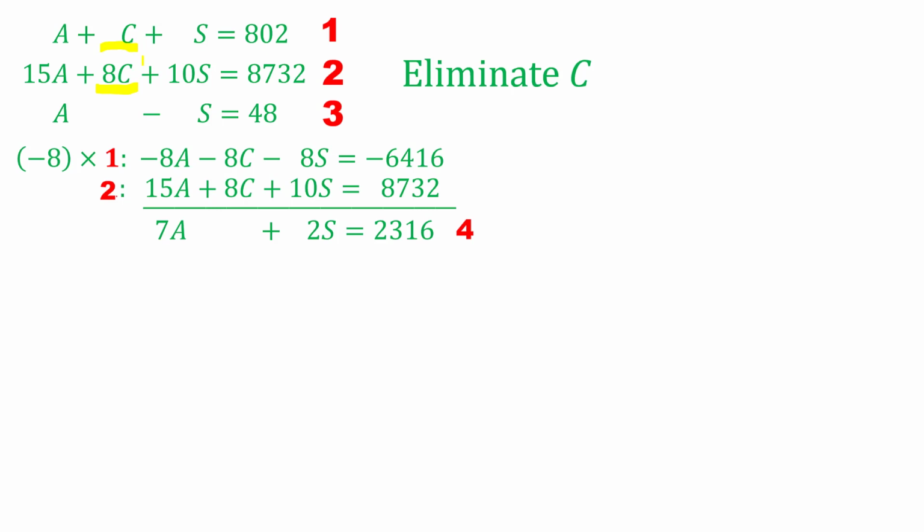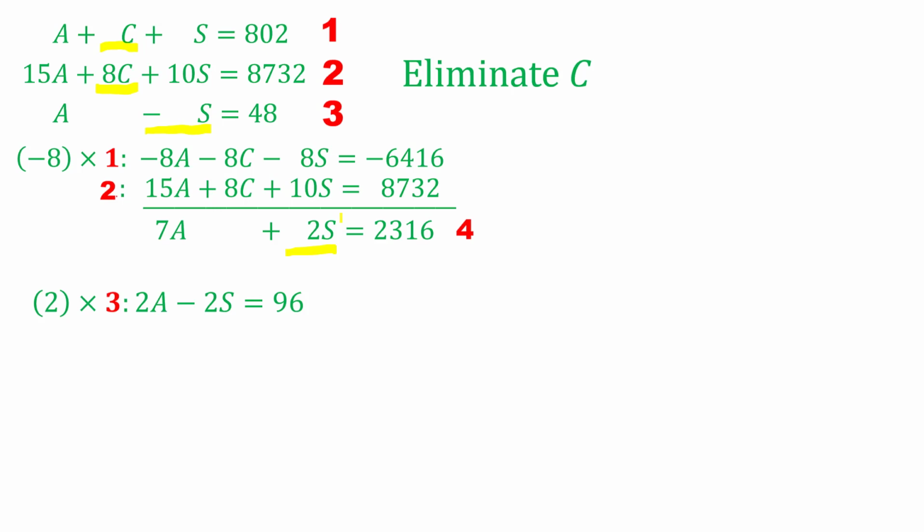And now we need to look at equation 3, compare it with equation 4, and if I want to eliminate the variable S here, I note that equation 3, I'll need to multiply by 2 so that the S terms add to 0. So let's take 2 times equation 3.